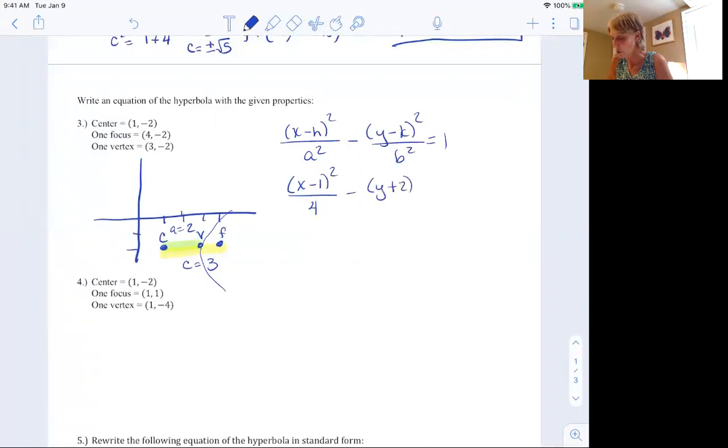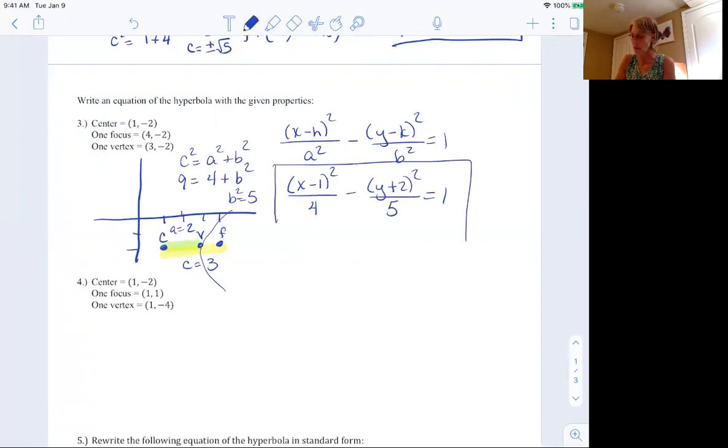Y plus 2 squared. B squared we don't know, so we use our missing information formula. C is 3, c squared is 9. So b squared is going to be 5. And that's working backwards to get the equation.